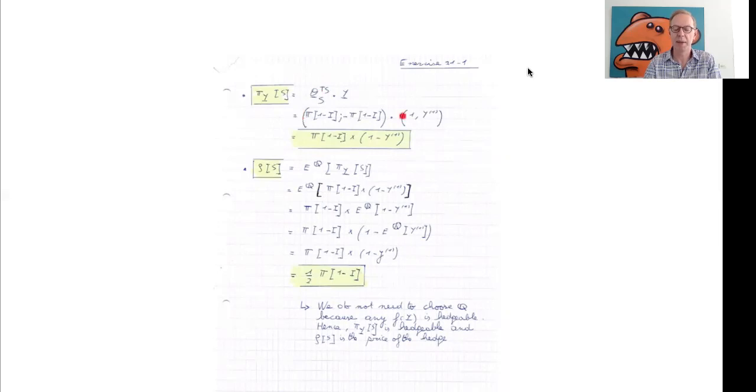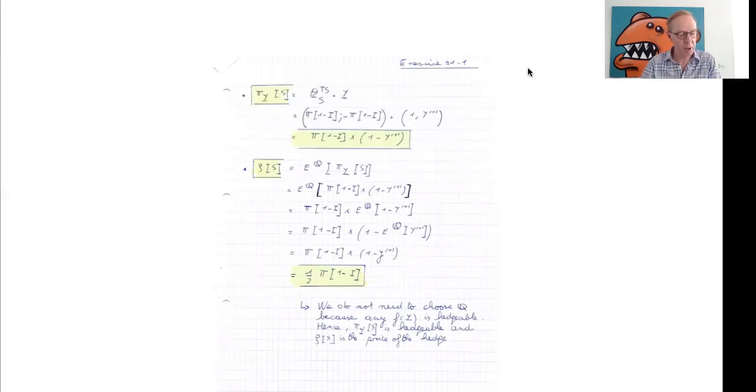We multiply this by the time one vector, (1, y_1), and we find that this is equal to π(1 − I) times (1 − y_1). So we have expressed the conditional value of S as a function of π(1 − I).